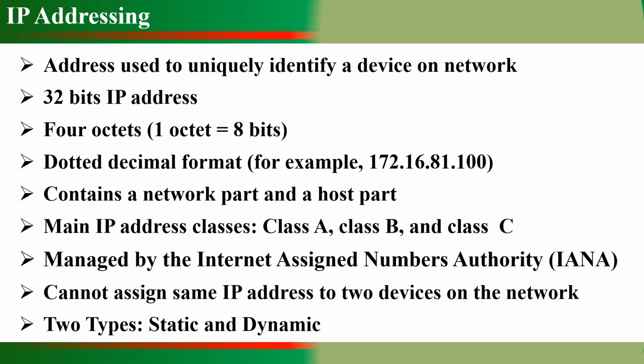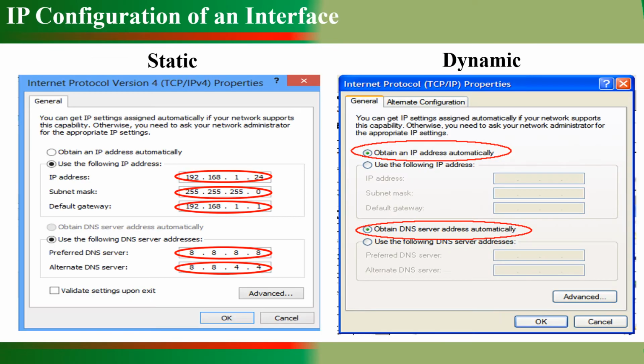Static IP addresses are considered less secure than dynamic IP addresses because they are easier to track. So we can say when a device is assigned a static IP address, the address does not change. Most devices use dynamic IP addresses which are assigned by the network when they connect and change over time.